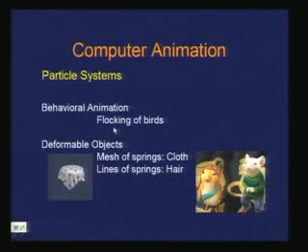Other things you can also further extend the idea of particle system, for instance doing behavioral animation. For instance, you want to simulate the process of flocking of birds. You notice that when the birds fly, at some point they come together, some sort of a banking of these birds, and then they split and so on.